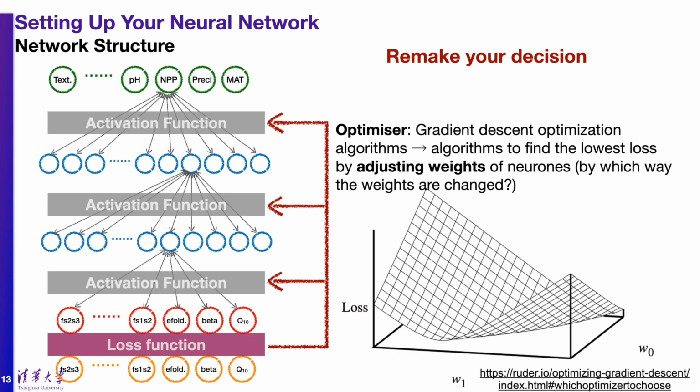After we get the loss function value, just as what we did in the MCMC algorithm, we still need an algorithm to determine how to adjust the model. In a neural network, we have the optimizer to adjust the weights of neurons so that we can find the lowest loss to optimize neural network performance.